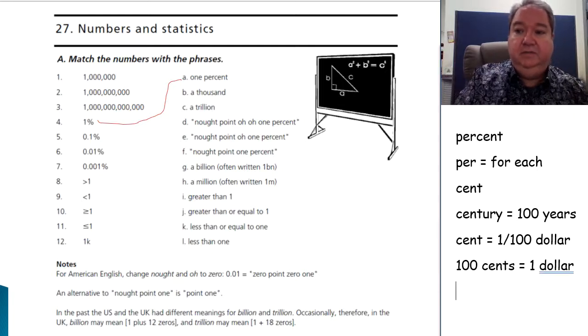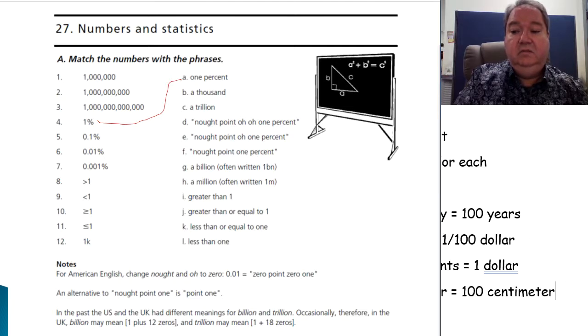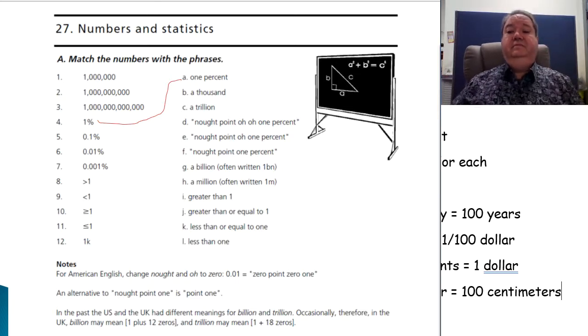In the metric system, if you have 1 meter, that equals 100 centimeters. Cent, again, 100.